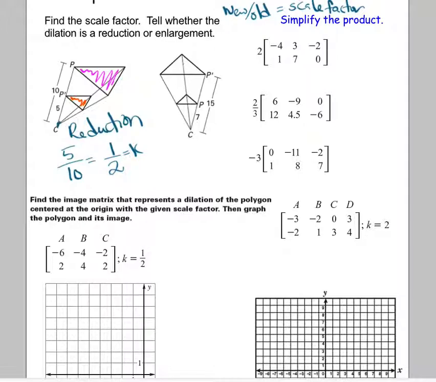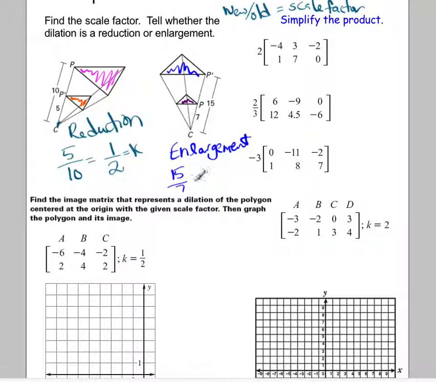Over here on the right, the new one, look for the prime. There's the new one. The old one is here. The new one is larger. It is an enlargement. And to get the scale factor, the new distance is 15. The old distance is 7.